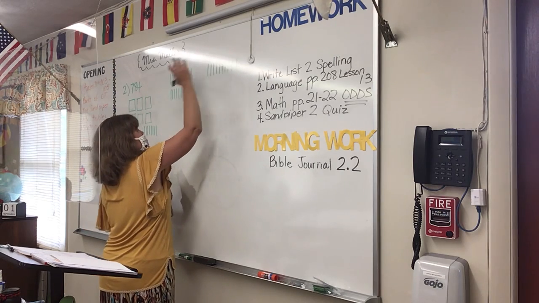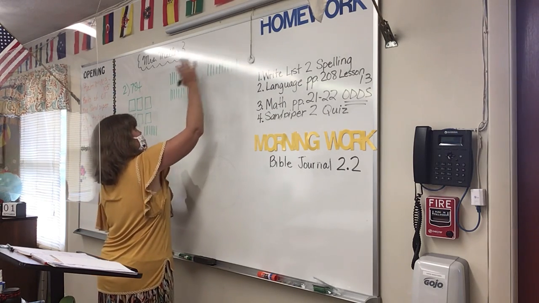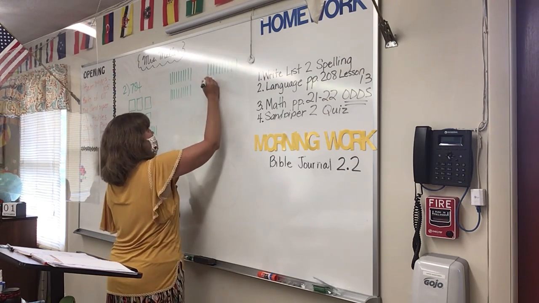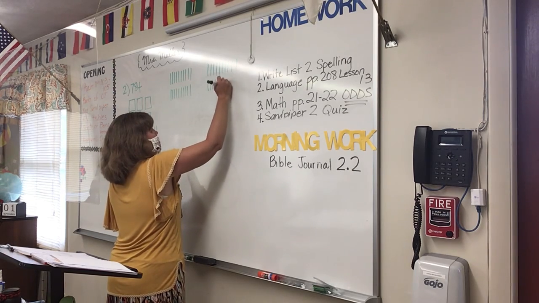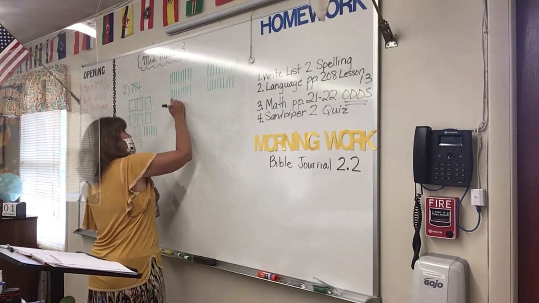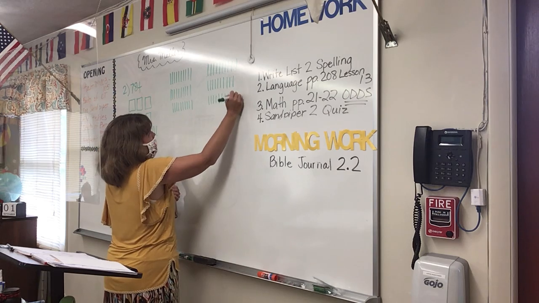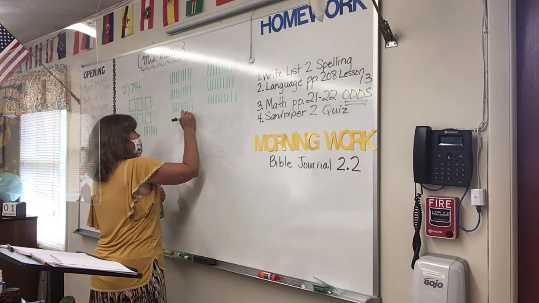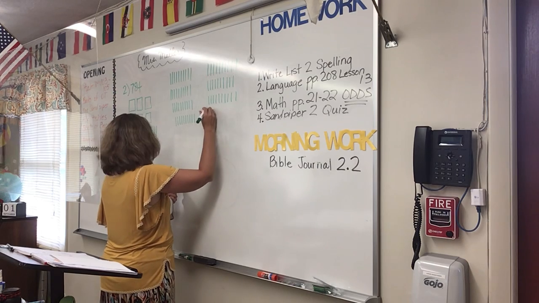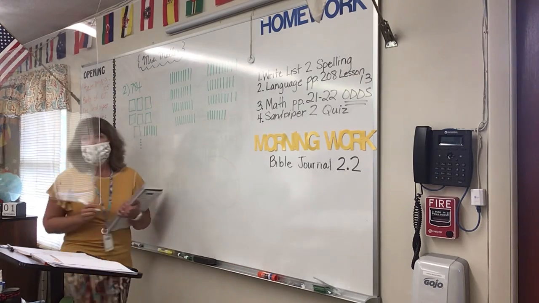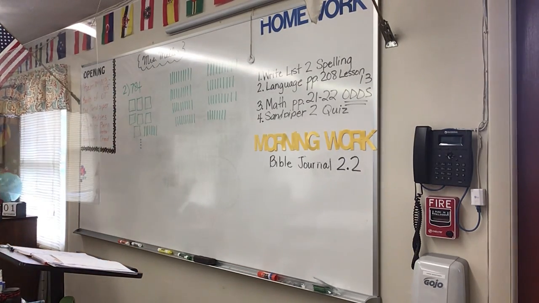Here's a 10, here's a 10, here's 10 tens, here's 10 tens, here's 10 tens. That way I can look at it and see this is 100, 100, 100. And then 8. Mason, do you have trouble seeing it?